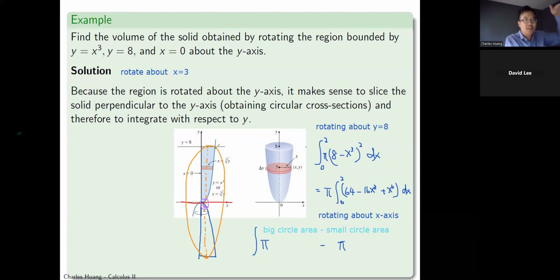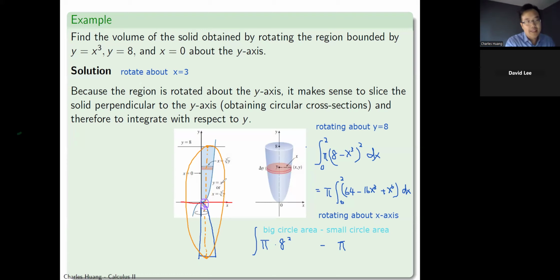The big circle on the outside is going to go across, and it's always going to be a radius of 8. So pi 8 squared. Now the inside, the radius is a little bit smaller at the beginning, and then as it gets closer to 2, it gets very big and opens up very wide.